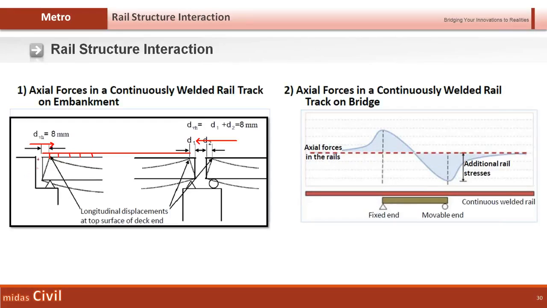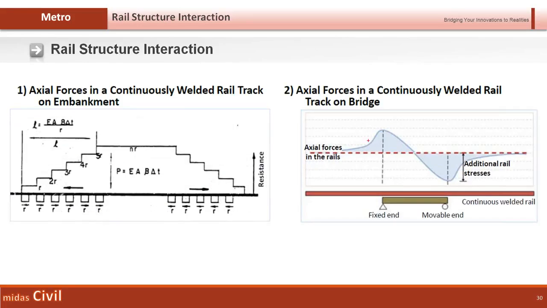So there will be very high axial stress generated at the ends of the deck. These high axial stresses, you can find here. These are the additional rail stresses that will be generated in the rails for continuous welded rails.